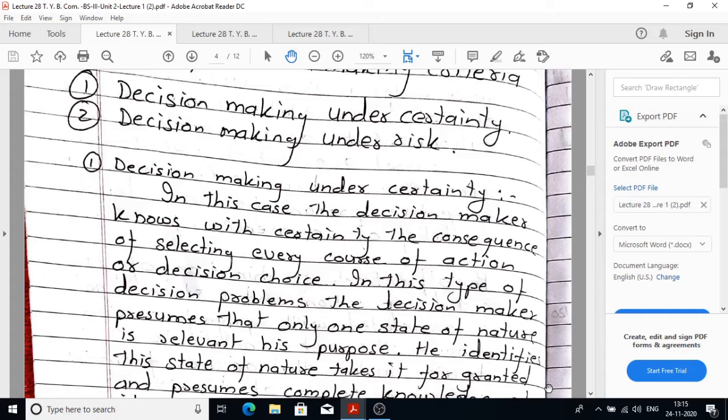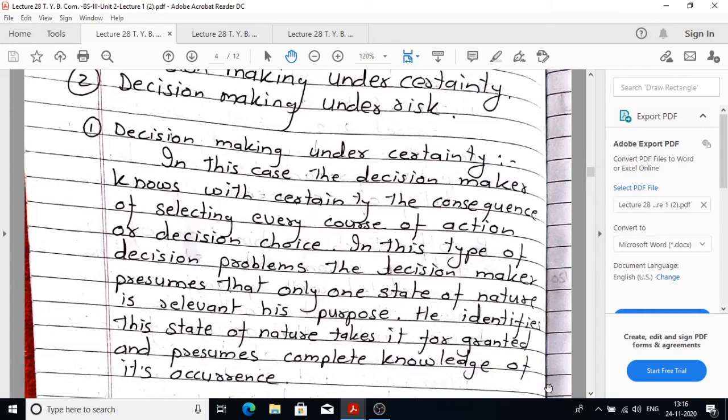In this type of decision problem, the decision maker presumes that only one state of nature is relevant. He identifies this state of nature, takes it for granted, and presumes complete knowledge of its occurrence.